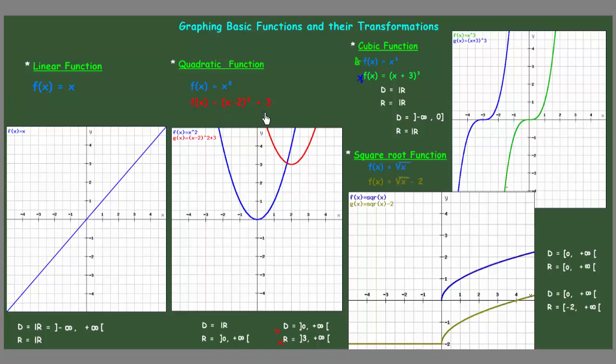This value, plus 3, gave us the movement of the function on the y-axis, and here minus 2 gave us which side the function is shifted. And that's how you can transform a function from the original function you've been given. And also you can give the domain of the function. This is what we've seen already in our previous video.